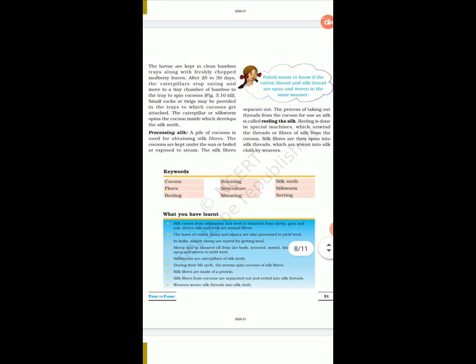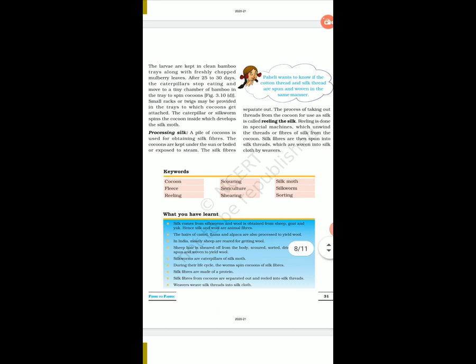Now processing of silk. A pile of cocoons is used for obtaining silk fibers. The cocoons are kept under the sun or boiled or exposed to steam. उसमें से कैसे निकालते हैं फिर? Either they are kept under the sun or they are boiled or they are given steam. The silk fibers separate out.